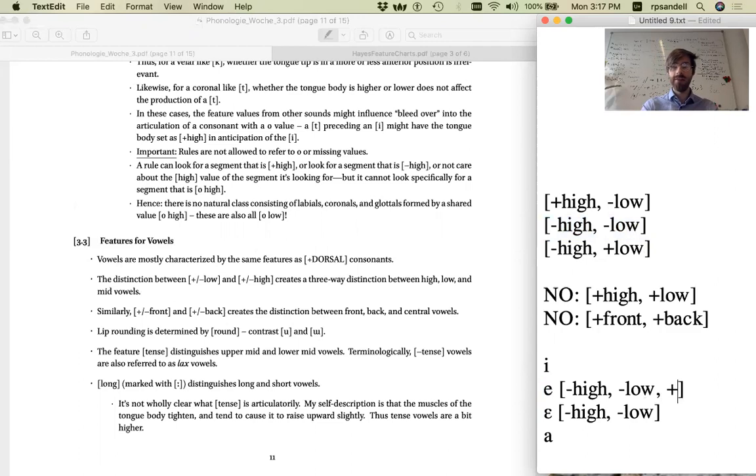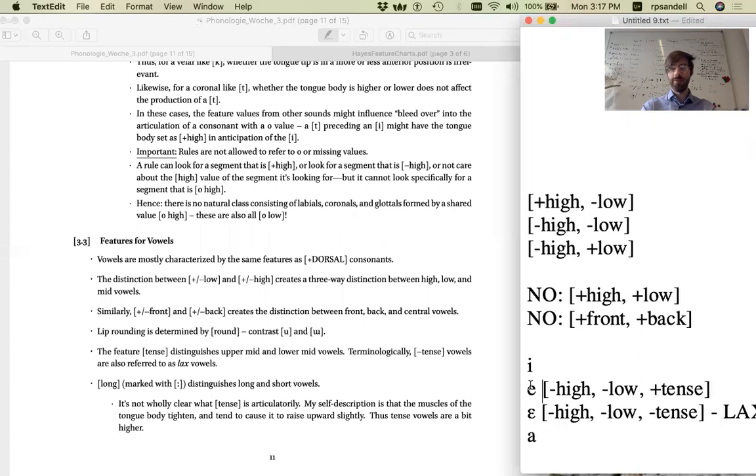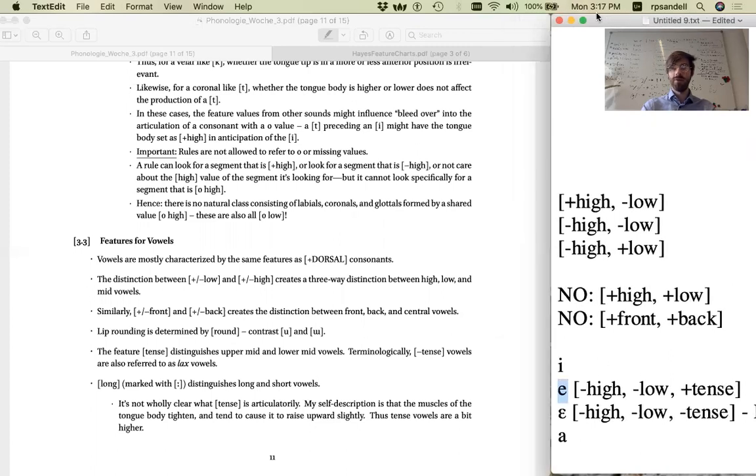Here the feature tense is used, and we will generally interpret the mid-high vowels as being tense and the mid-low vowels as non-tense. The mid-low vowels are also sometimes called lax vowels, whereas the mid-high vowels would be referred to as tense vowels.